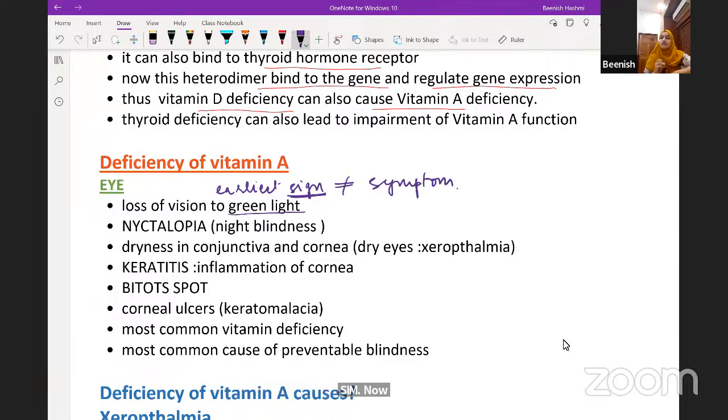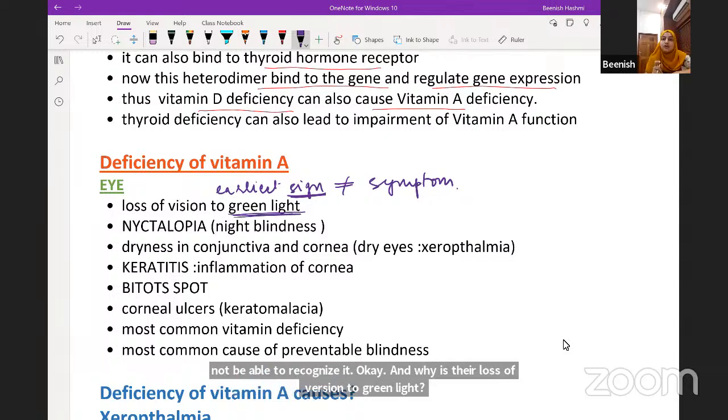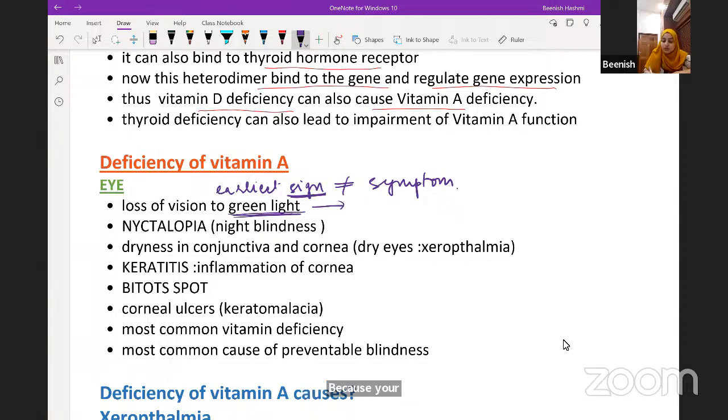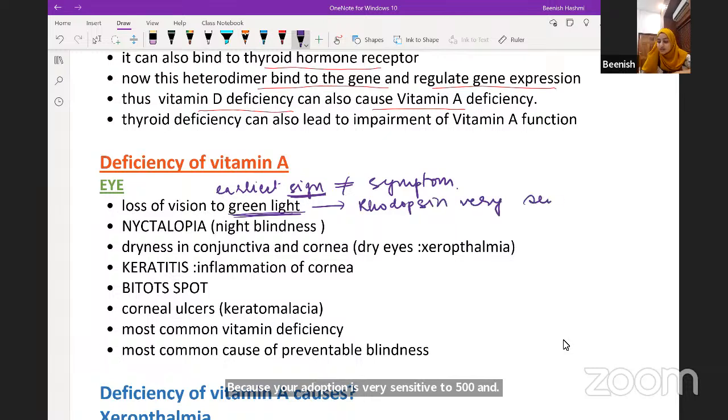Now what is the difference? Because the patient will not be able to recognize this. And why is there loss of vision to green light? Because your rhodopsin is very sensitive to 500 nanometer, and this 500 nanometer is where green light falls.